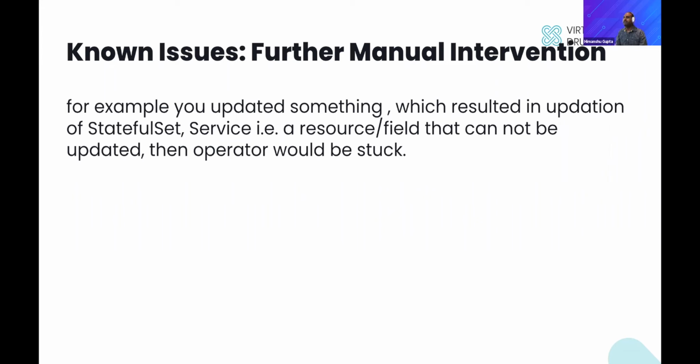Typically, if you update something and the operator goes and tries to update the relevant thing in Kubernetes, and Kubernetes does not allow the update of that thing, then you get into the issue where you'll have to go and manually fix the spec before it can make progress. It becomes especially troublesome when you're using rolling update, because it will go to a certain point and just be stuck there.